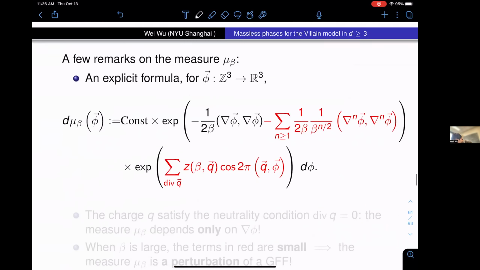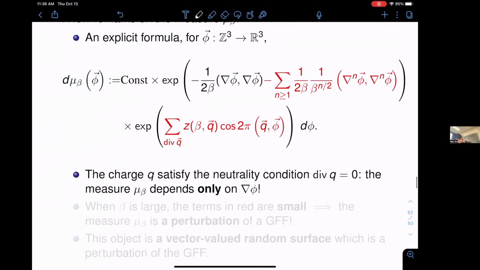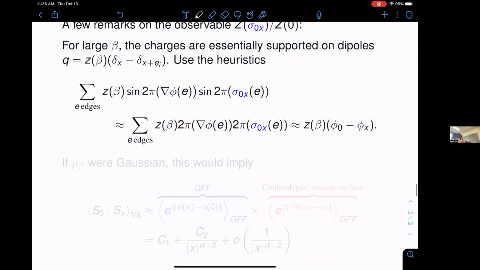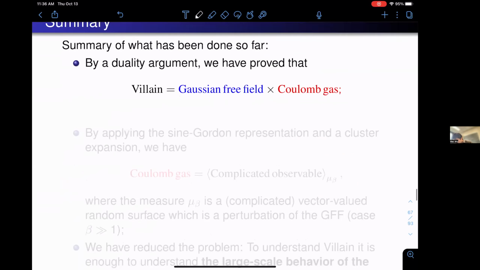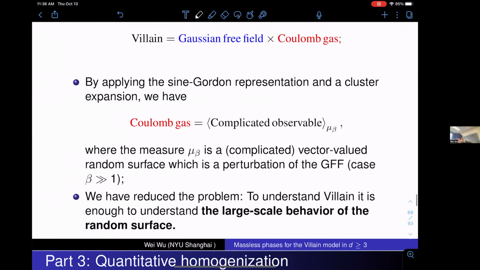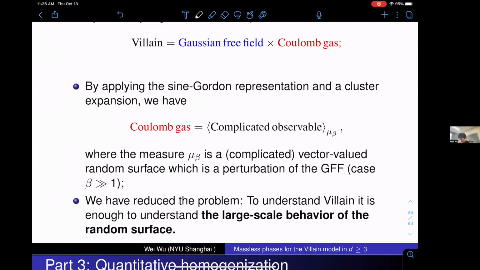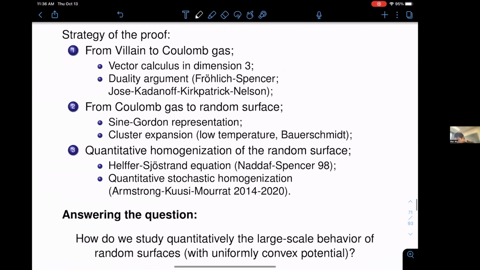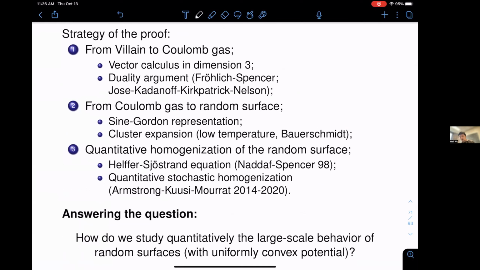Okay, so far so good. So now maybe for the rest of the time, let me describe how this PDE argument, with input from a quantitative approach of homogenization, helps us to study this expectation functional.